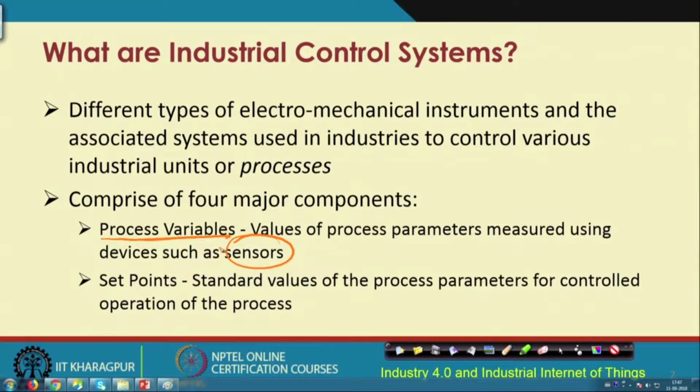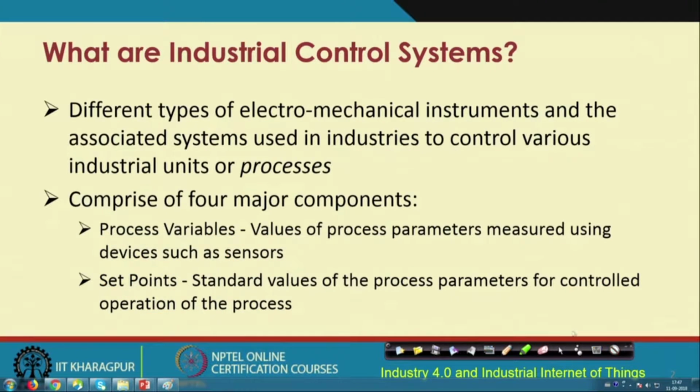Then come the set points. Set points are basically the standard values of the process parameters for controlled operation of the process. So, this is very important, this is for feedback control. So, for controlled operation of the process, we have this concept of the set points, which are the standard values of the process parameters.